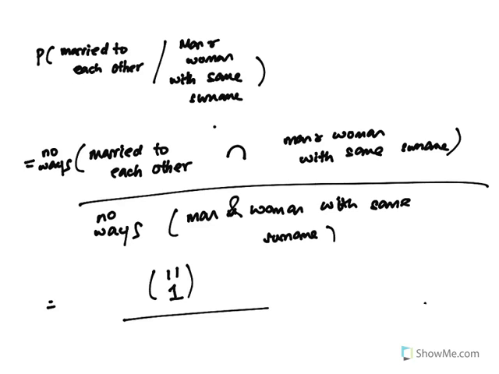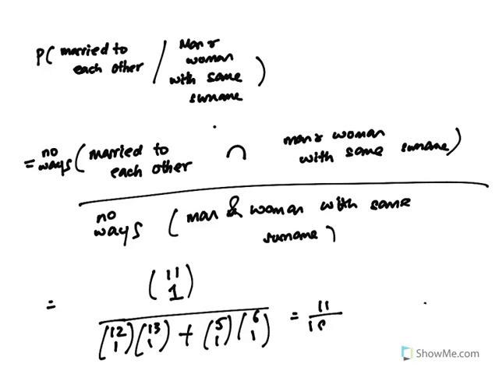The second part, a man and a woman with the same surname, is just the answer for part 4. Out of the Tan family, 12 men choose 1, 13 women choose 1. Out of the Lim family, 5 men choose 1, 6 women choose 1. And your answer comes out to be 11 over 186. Okay, and that's all for question 6.